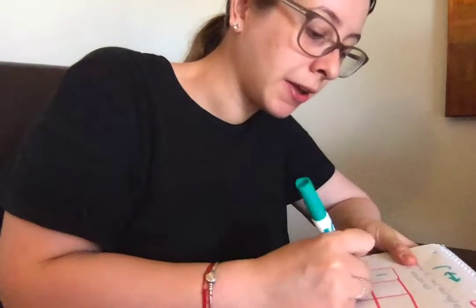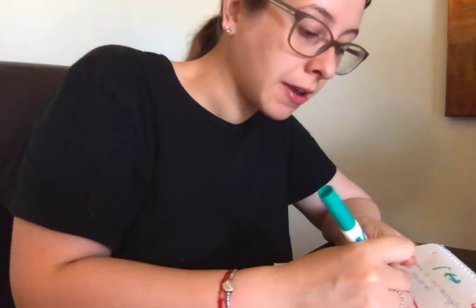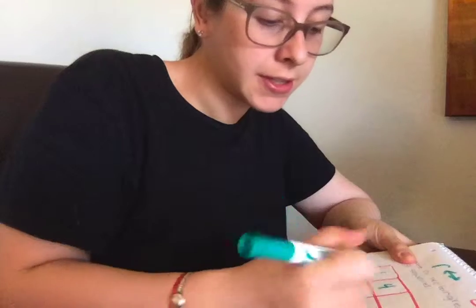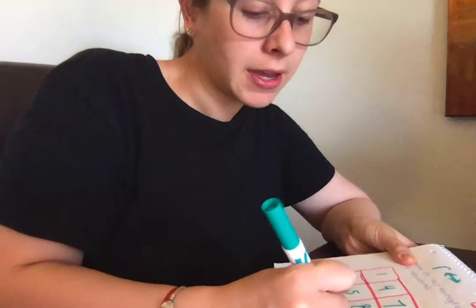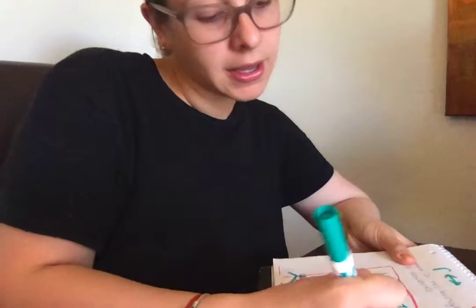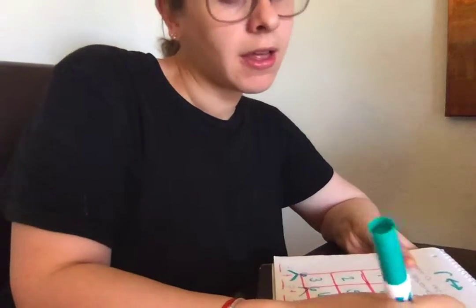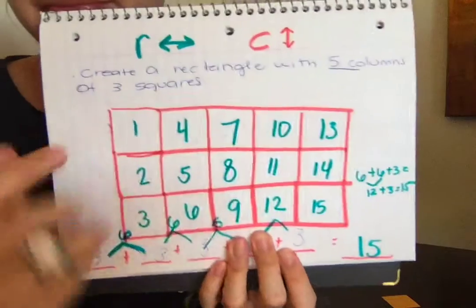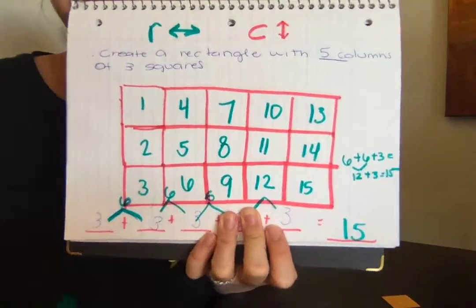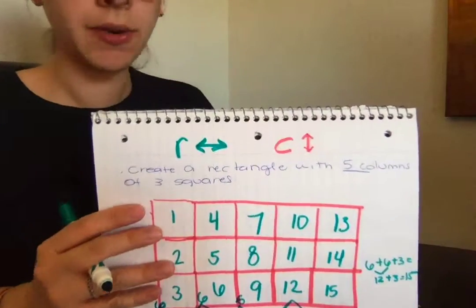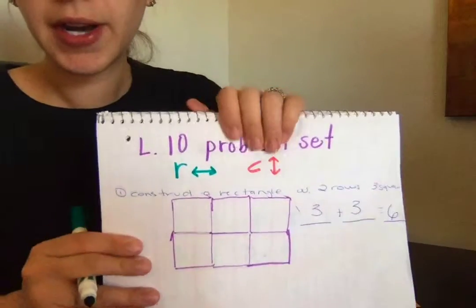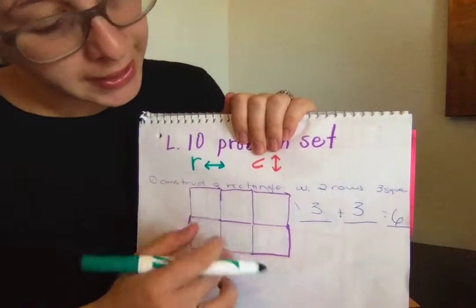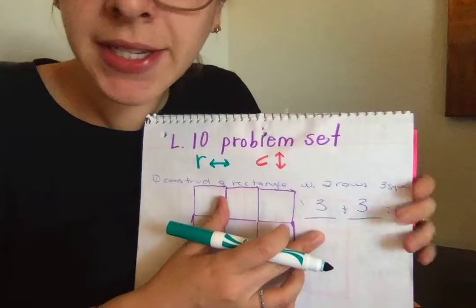Let me see. 1, 2, 3, 4, 5, 6, 7, 8, 11, 12, 13, 15 total, right? And like I was telling you in the problem from before, we drew it and we had to draw our number sentence.